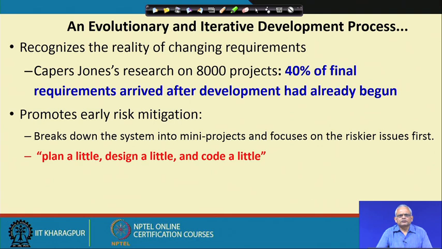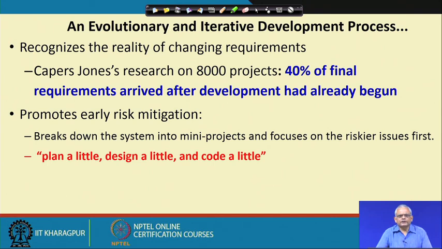Initially, some features which have been identified are implemented, and then as the customer experiments with those, more and more features get developed and deployed. So, the software actually evolves, starting with something very simple.